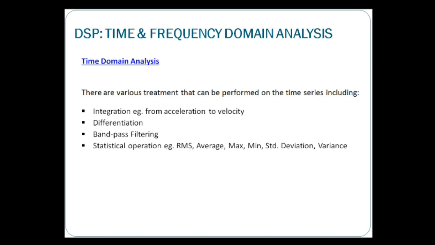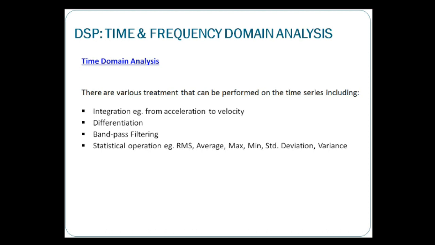Consider that the time domain vibration signal consists of all types of frequency components available in that signal. Let's say, for example, you have 5 frequency components: 10, 20, 50, 100, and 150.